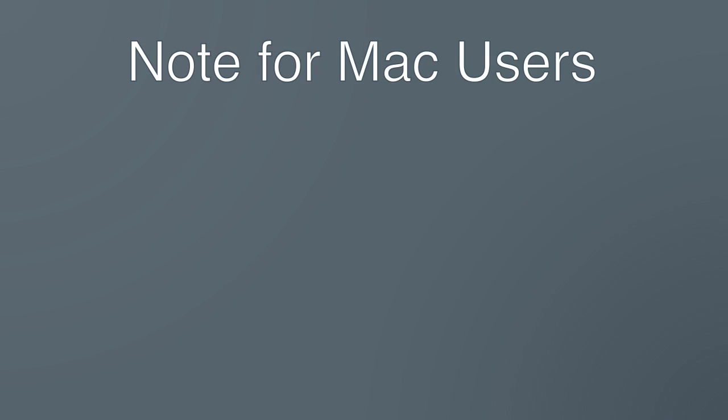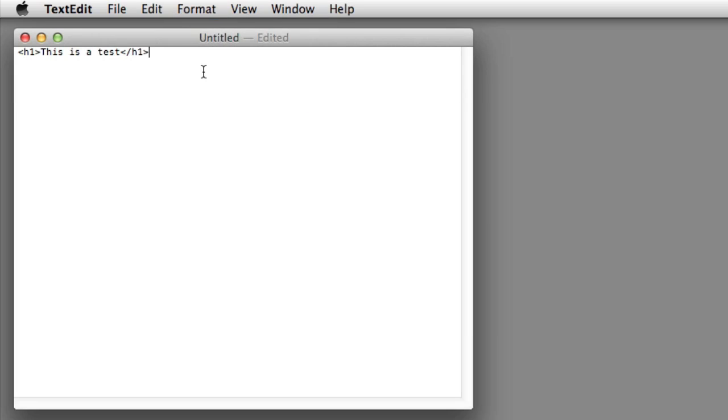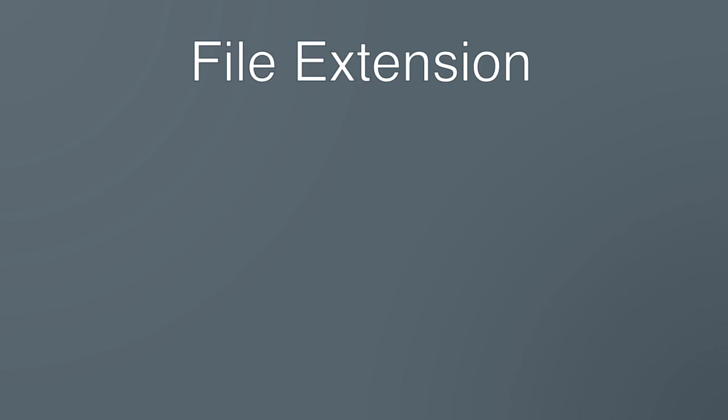If you're using a Mac and you elected to use the TextEdit app, at this point, look in your top menu bar, click Format, and then click Make Plain Text. The key to correctly saving our file, regardless of what platform or text editor we're using, is to make sure that it is saved with a .html extension.